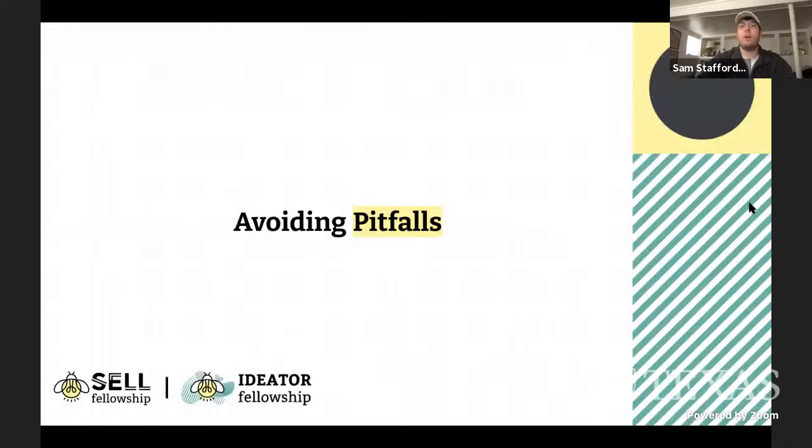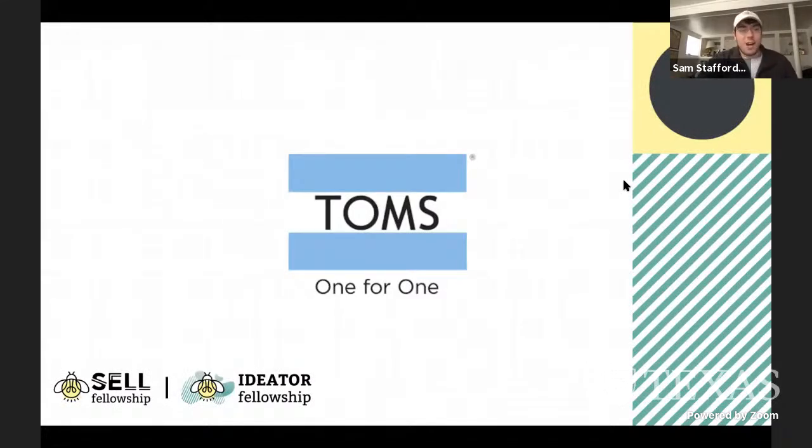So, avoiding pitfalls. TOMS, we talked about it earlier. TOMS is a buy one, get one model social enterprise. They essentially had this idea where this guy was like, hey, there are all these kids in developing countries that don't have shoes, and it's preventing them from going to classes, and it's preventing them from being successful.